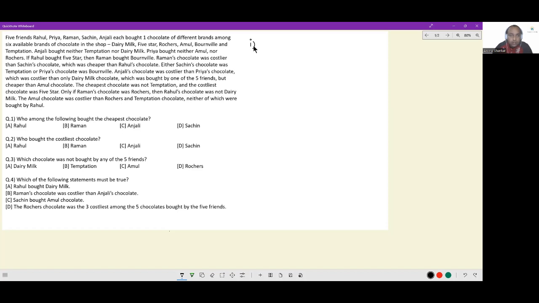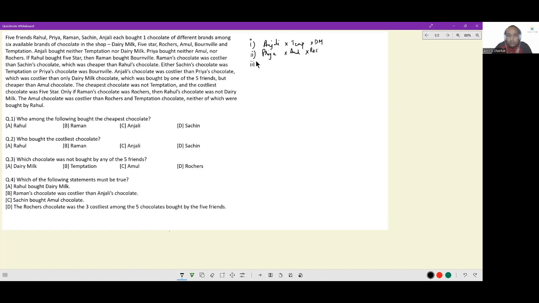The first point is, Anjali bought neither Temptation nor Dairy Milk. The second point is, Priya bought neither Amul nor Rochers.